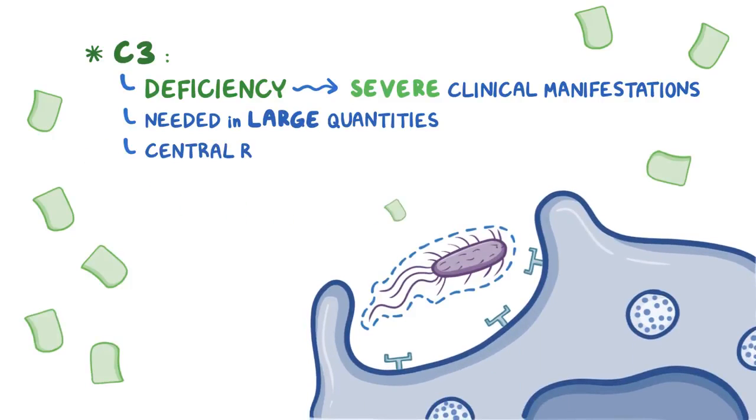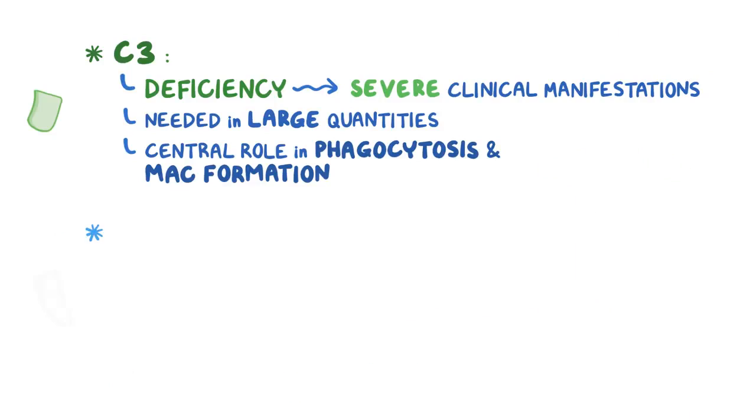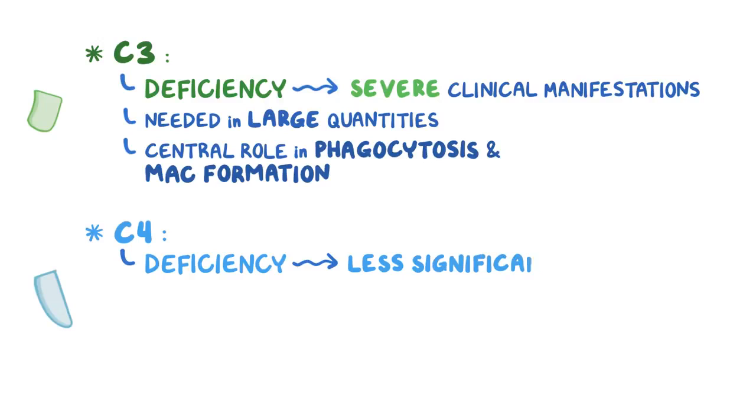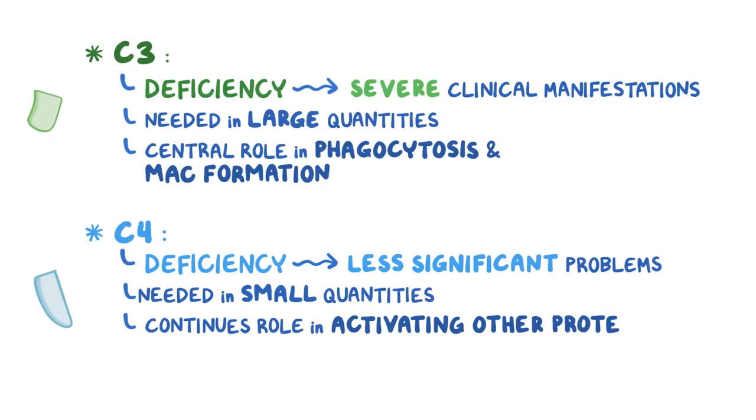It plays a central role in phagocytosis and the formation of membrane attack complexes. By comparison, a C4 deficiency causes less significant problems, because C4 is only needed in small quantities. Even if a small amount of it's available, it'll be able to continue playing its role in activating other complement proteins.